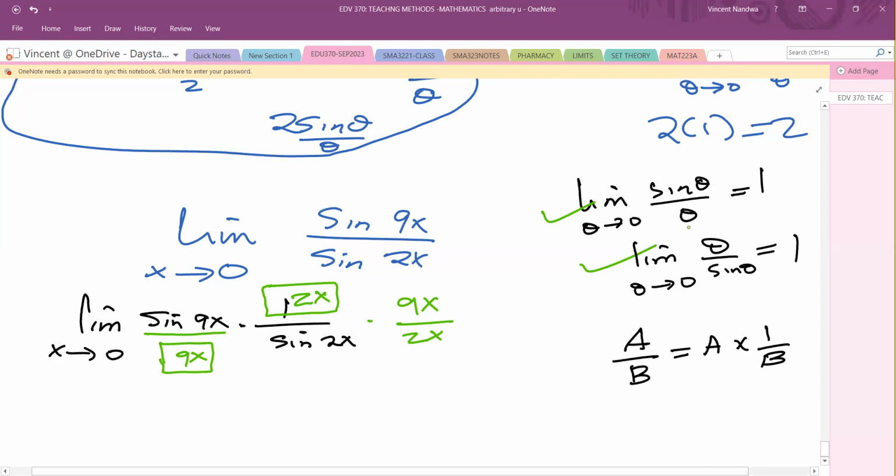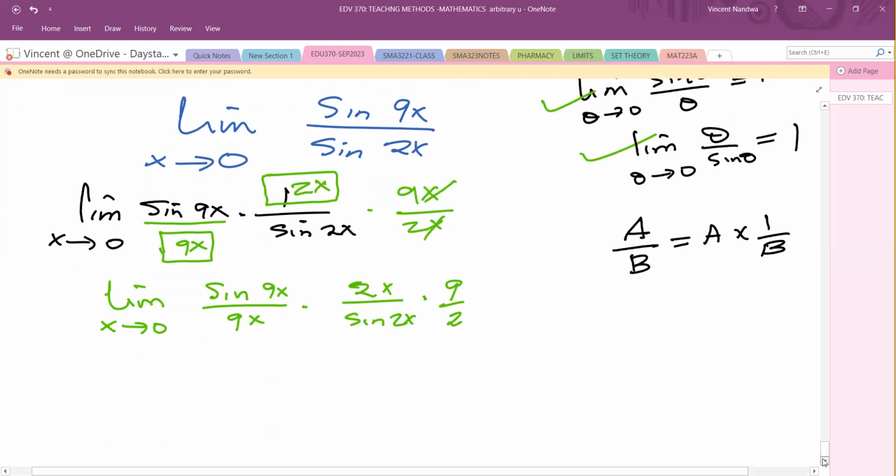So we say this can be written as the limit as x approaches 0 of sine of 9x over 9x times 2x over sine 2x. 9x divided by 2x, the x and x cancel, so we have 9 over 2.